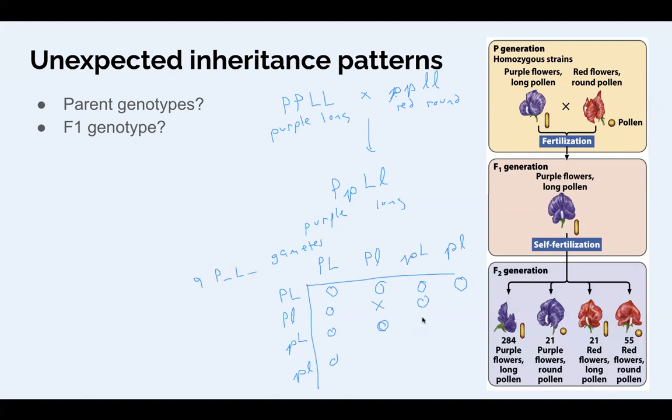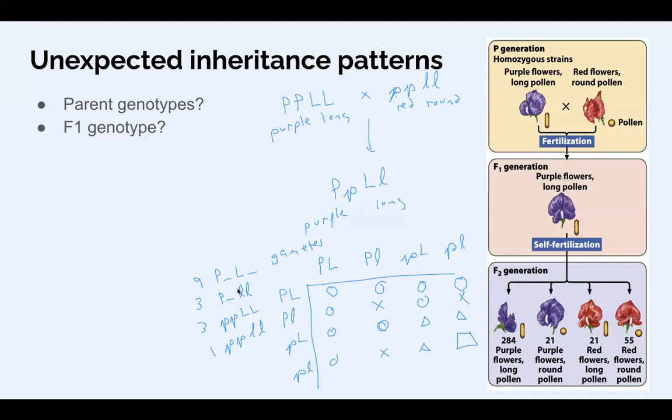Big P only without a big L is these three. Little p with a big L, do some triangles there. So 3 little p, big L, and 1 of the little p with little l homozygous.